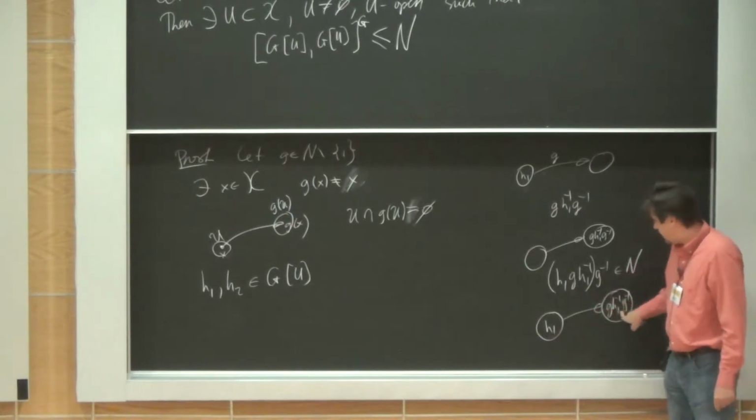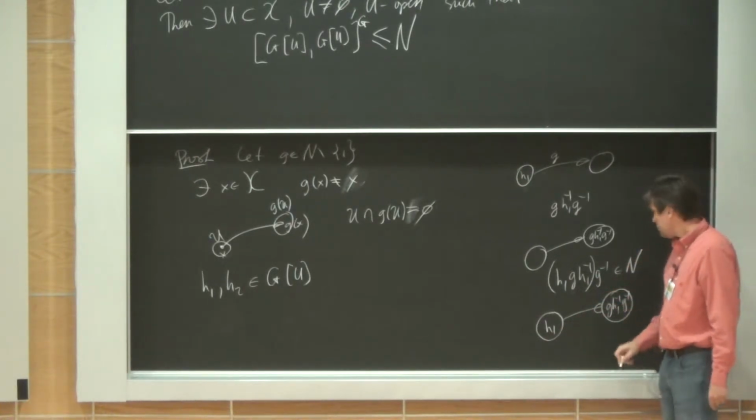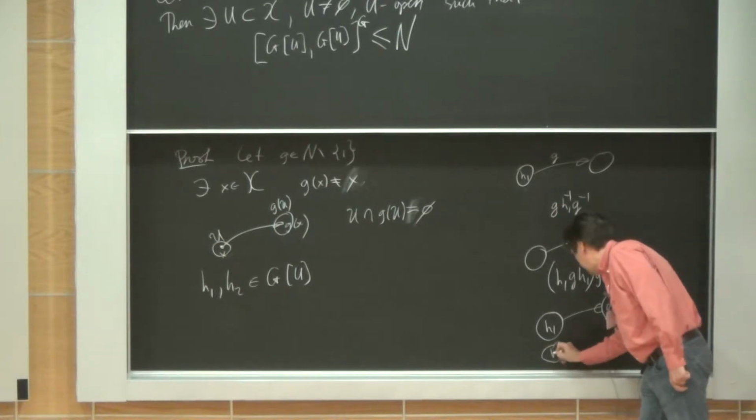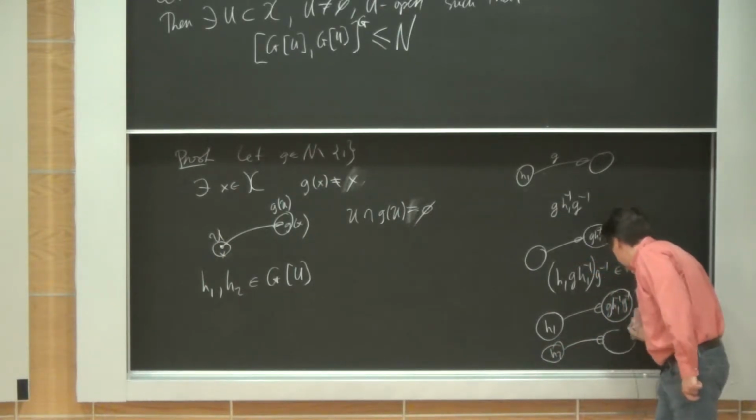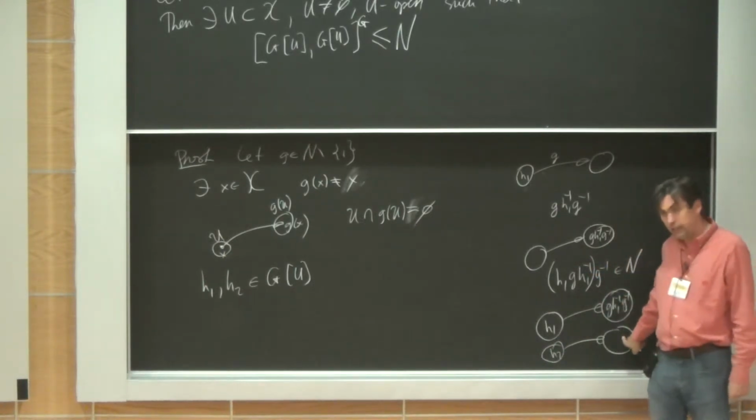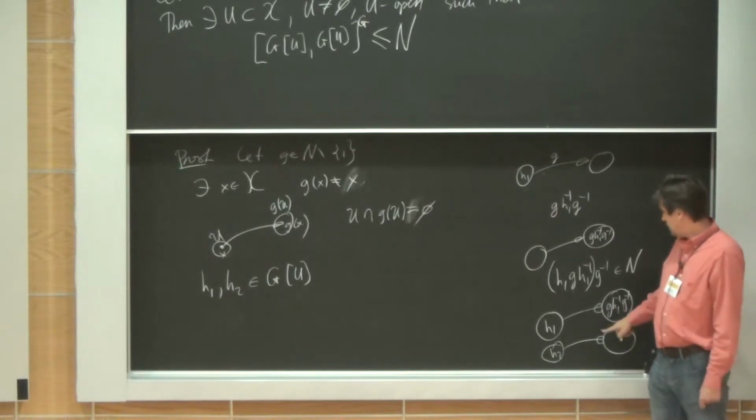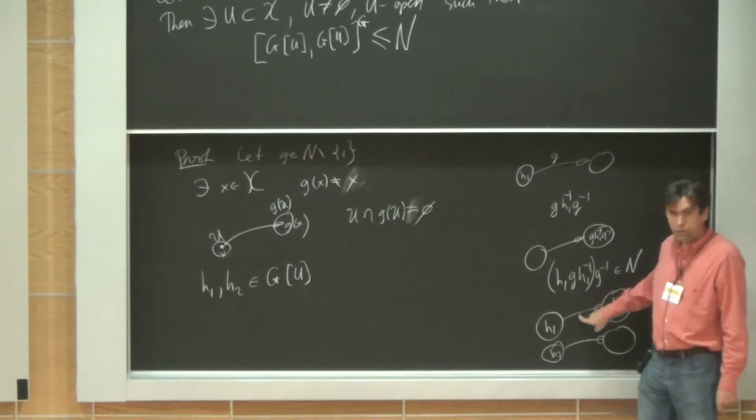So you can find an element like this. Now take h2. h2 acts only here, and identically here, and identically everywhere else. Take now the commutator of these two.